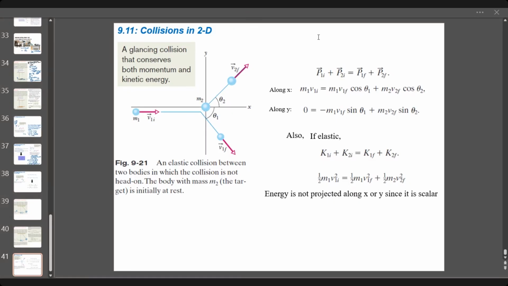So I want you to see this arrangement where I have a ball, it's moving to the right, and then it hits a second ball, which is stationary, and then both move in different directions. So here, because the velocities are moving in different directions after the collision, they will have x and y components.